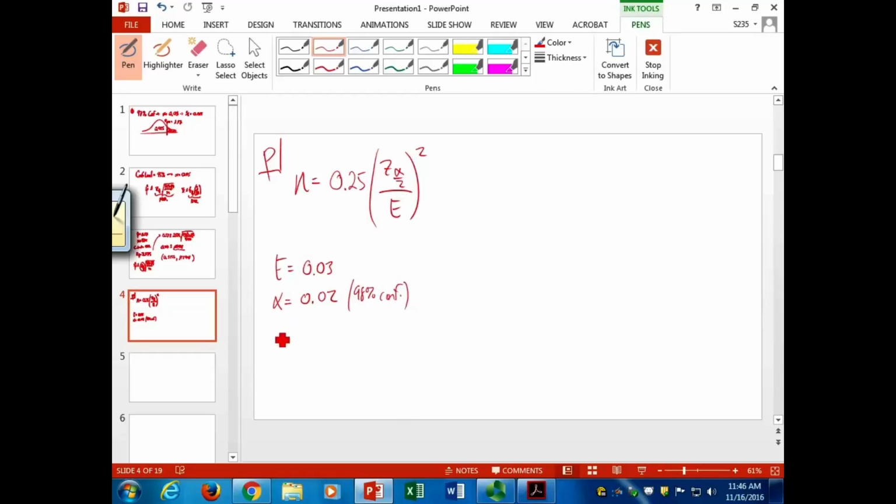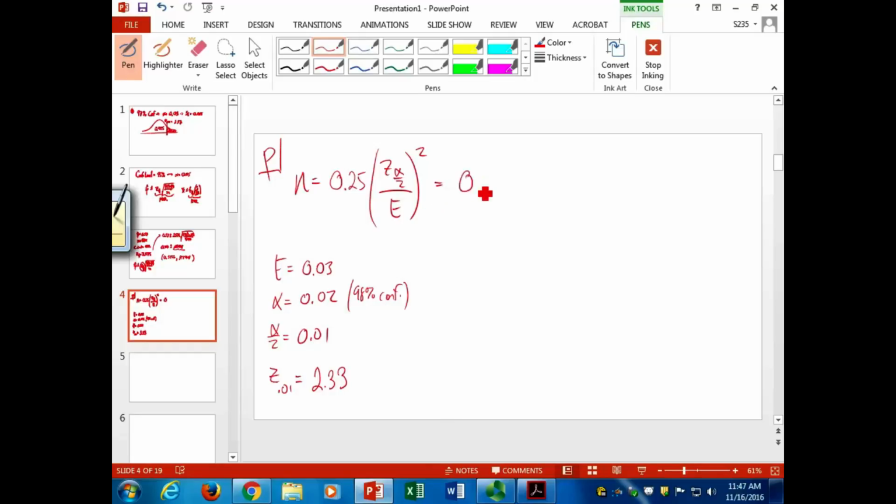So our alpha level was 0.02, which means alpha over 2 is 0.01, which means we need to get that z value off our table. Is 98% on the chart? Yeah, it's 2.33. So for 98% confidence, we're going to use a multiplier of 2.33.